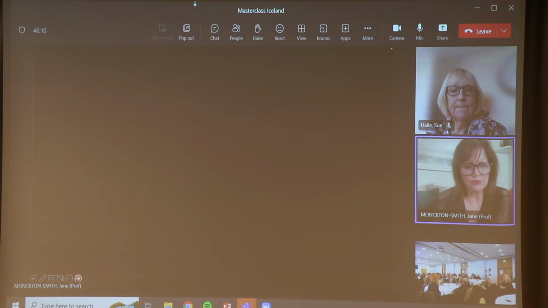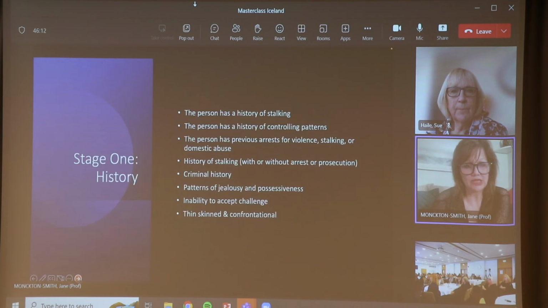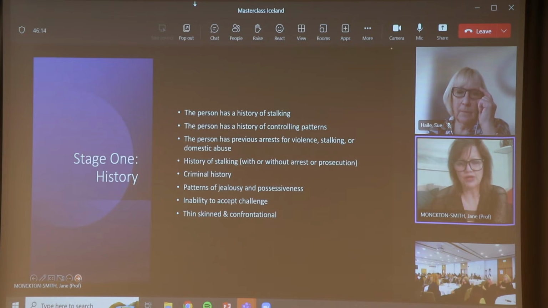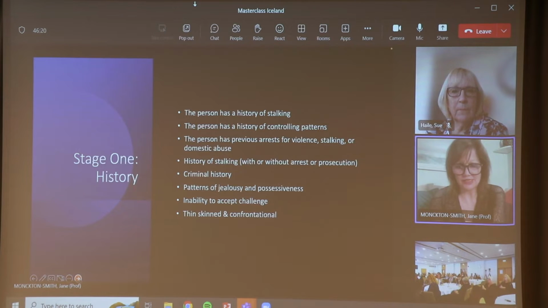Okay, so we're just now going to talk about each stage one by one, explaining why that stage exists and what you might expect to see in that stage. We do have some films which we're going to play from a man called Clive Ruggles, who is the father of Alice Ruggles, a young woman who was murdered in this country by her coercively controlling boyfriend.